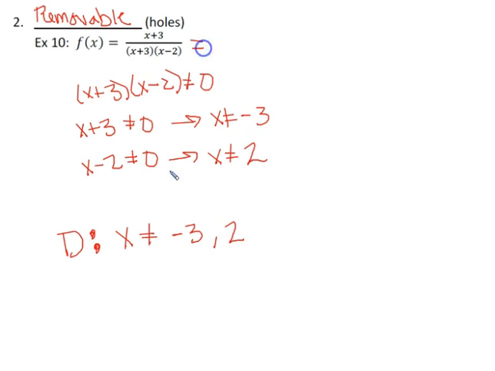But we want to figure out what type of discontinuity is happening at these 2 points. Are we going to have an asymptote or a hole? If we look at this a little further, something interesting is going on here. Notice how there is a piece of our denominator that matches a piece of our numerator.